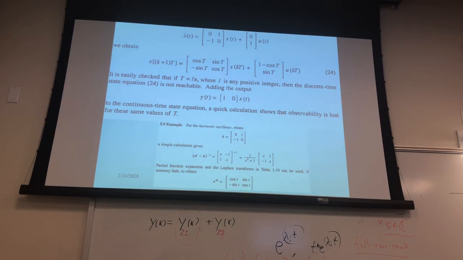Then the B matrix is like this. If you have any multiple of pi in here, this is 0, and this is also 0. So if your sampling period T is at the wrong value, then your control authority is totally lost, as if the system is out of your control. That's all possible.